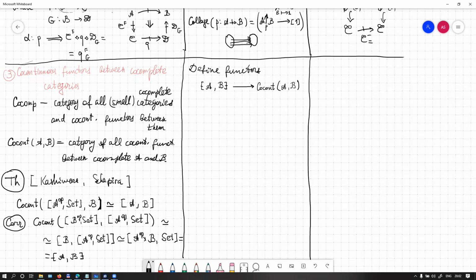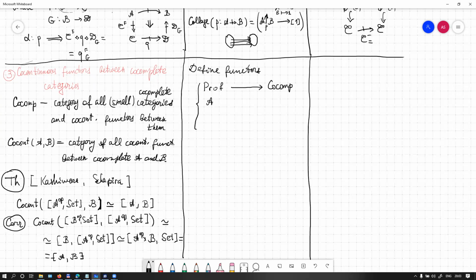No, I don't want to do it this way. This will be correct, but I'm taking the category of all profunctors and going to the category of co-complete categories. Yes, here it is. How does it work?